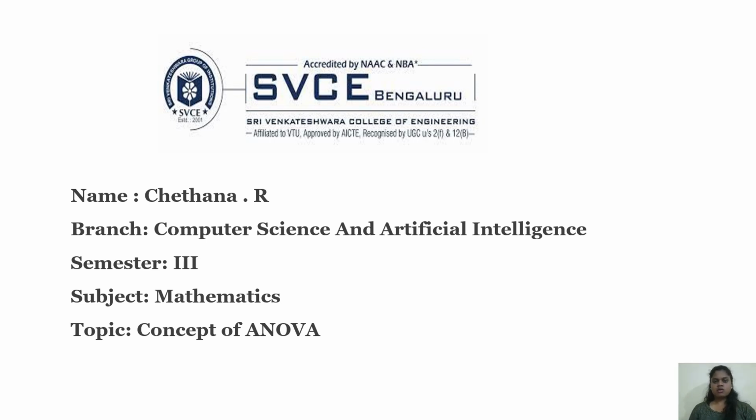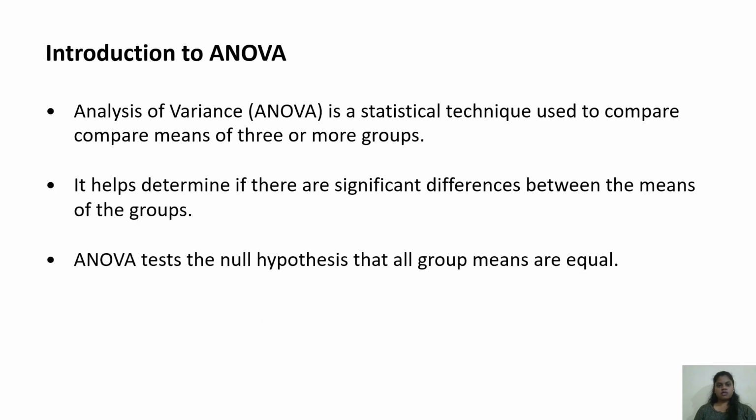In this video, I'll discuss the concept of ANOVA. Before going to that, what is ANOVA? ANOVA is a statistical technique used to test the hypothesis or the differences between the groups or data.